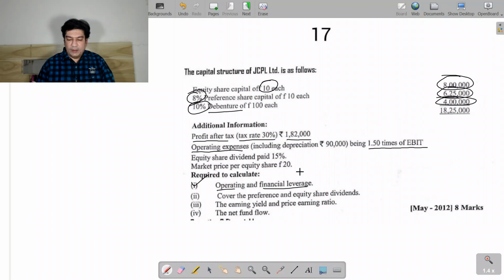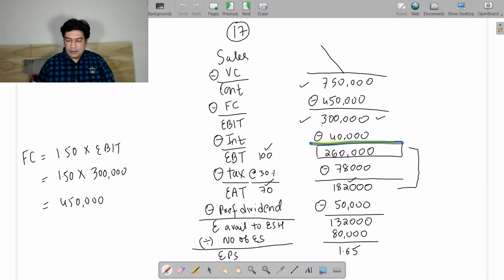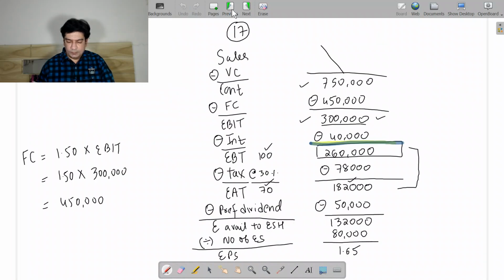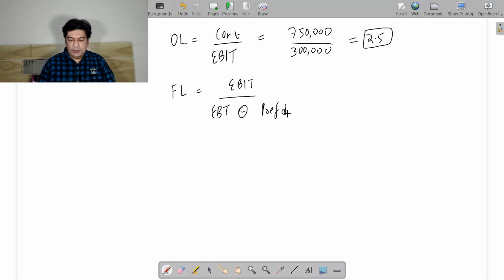Now we need to find the financial leverage. So financial leverage is EBIT divided by EBT. So EBIT is 3 lakhs and EBT is, so this formula I can't use since there is preference dividend. So the financial leverage will be EBIT divided by EBT minus the preference dividend divided by 1 minus tax.